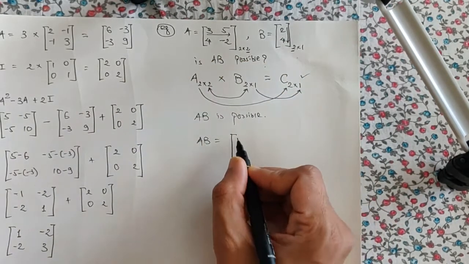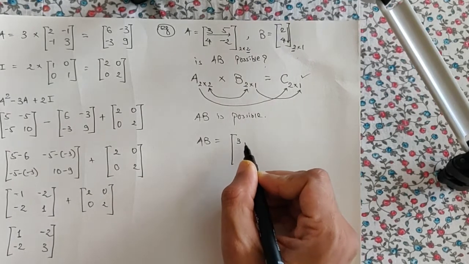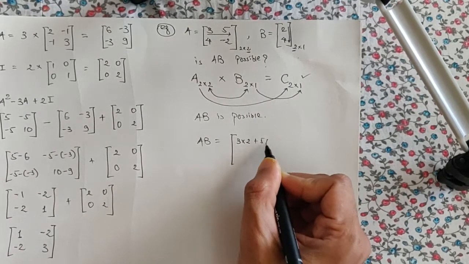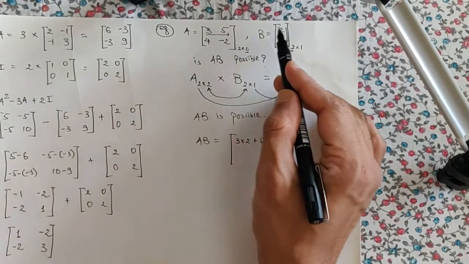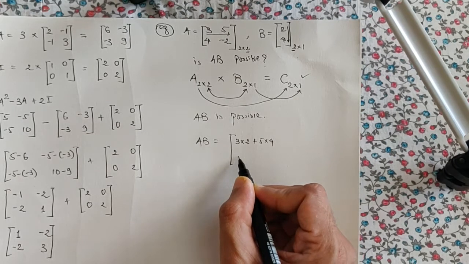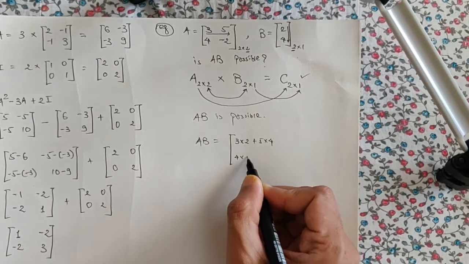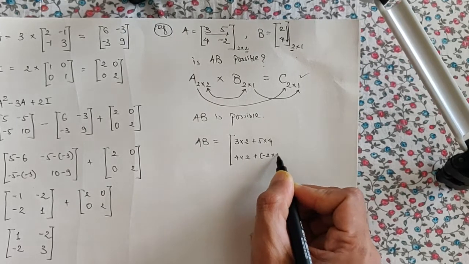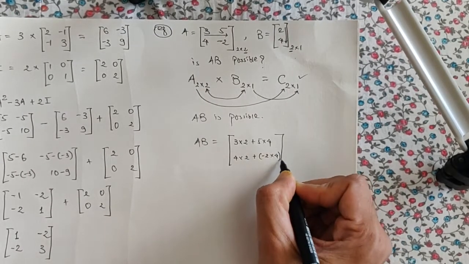Okay, so let's do it. 3 into 2 plus 5 into 4. Okay, let's do the second one. 4 into 2 plus minus 2 into 4. So that's it.